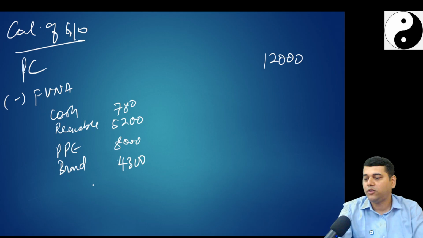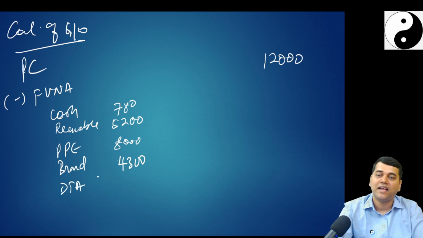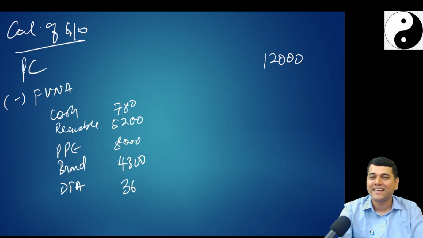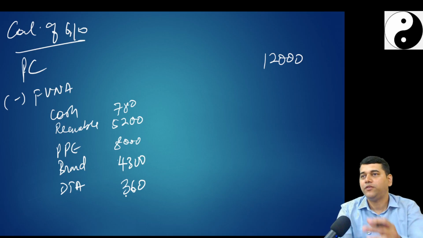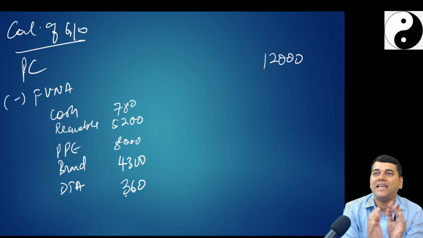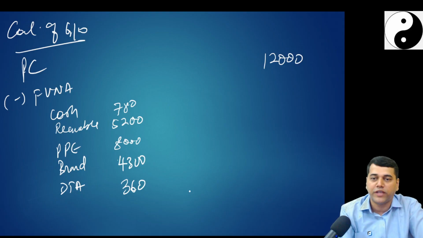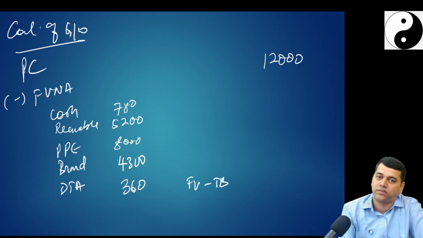Then, do you have anything else? Look at the balance sheet, asset side. Deferred tax asset, how much? 360. See, ultimately at the CFS level, I am supposed to take fair value minus tax base.